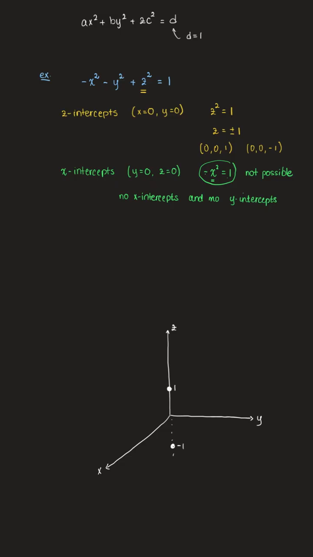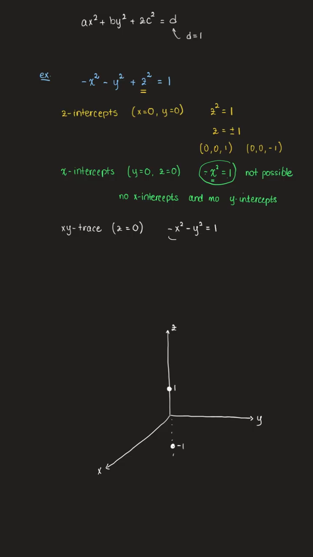I'm going to consider the xy trace. So the xy trace will be the intersection of our object with the xy plane, which is when z equals 0. And when z is 0, and we just look at the trace, we get -x squared minus y squared equals 1.